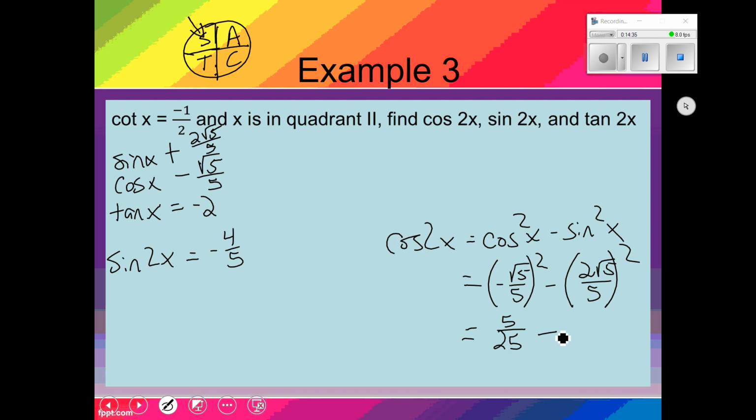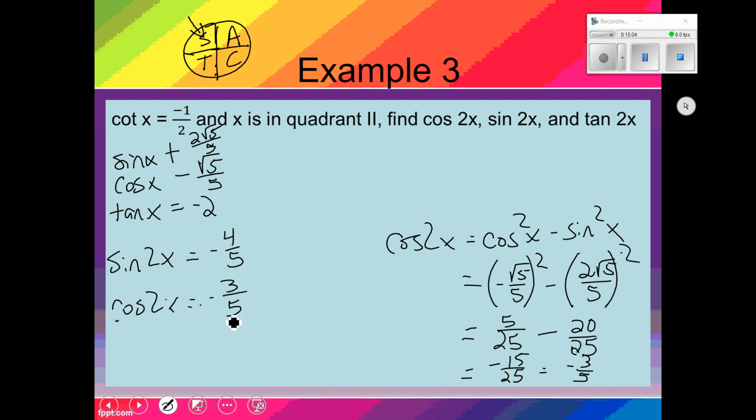When I square this, 2 squared is 4. Square root of 5 is 5, so 4 times 5 would be 20 over 25. So that's going to make negative 15 over 25, which becomes negative 3/5 when you reduce it. So cosine of 2x is equal to -3/5.